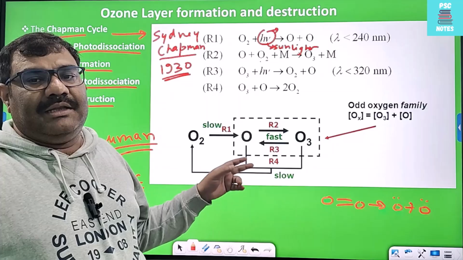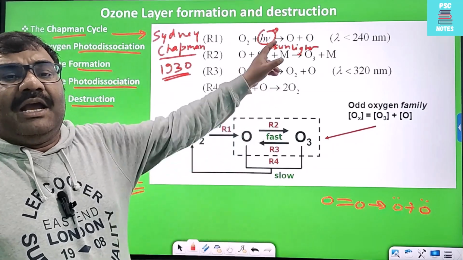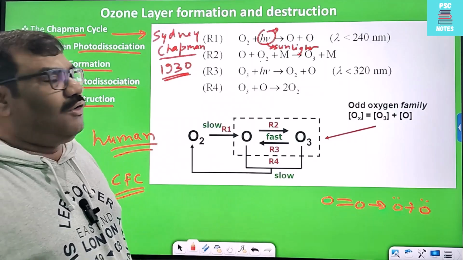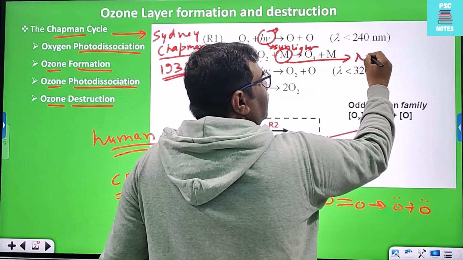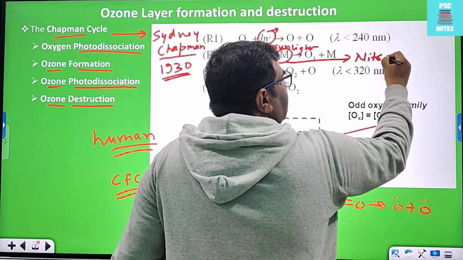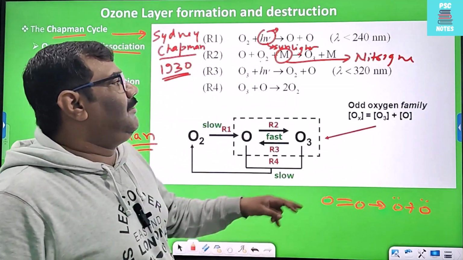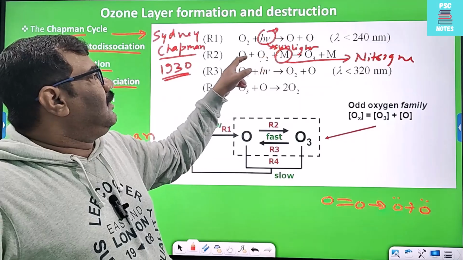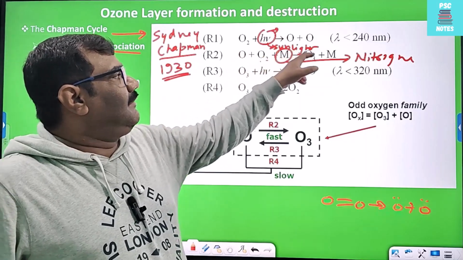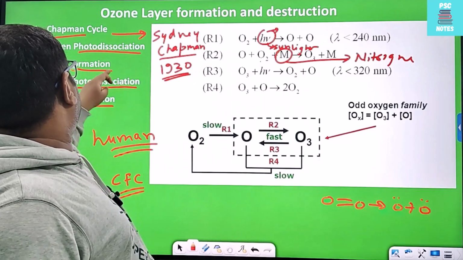ठीक है, in the presence of a third body, which is M. M is usually a nitrogen molecule. So in the presence of oxygen, it converts into ozone. So R2 is ozone formation.